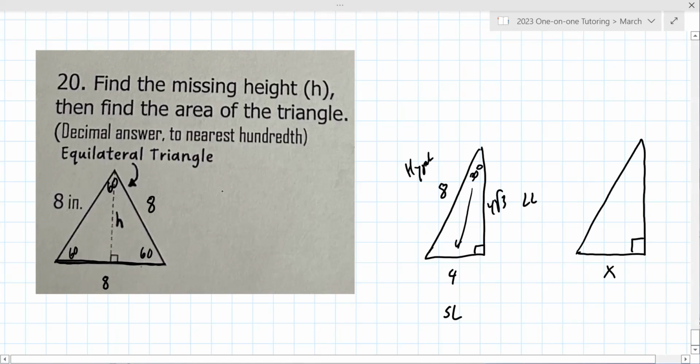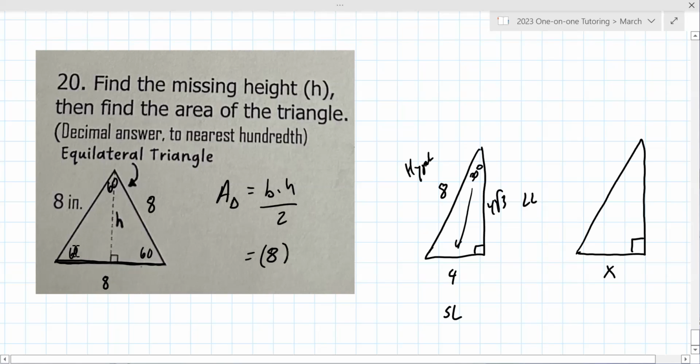The area of a triangle is base times height divided by 2. This is where you've got to be careful: it's the base of the whole triangle, not just this one we've been doing. The base is 8, because that's the one going all the way across.